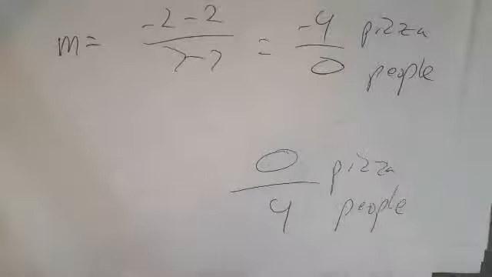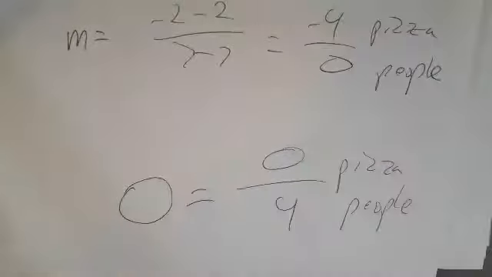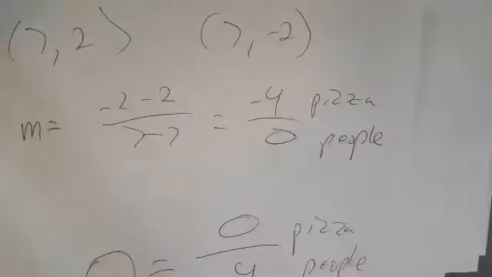If there is no pizza and we have to divide that pizza between 4 people, how many slices is each person going to get? 0. Yeah, so this one is the 0. If we have 0, we can divide 0 by any number. Everyone's getting nothing, right? The other way around, if we had 4 pizzas and we had no people, how much pizza is each person going to get?